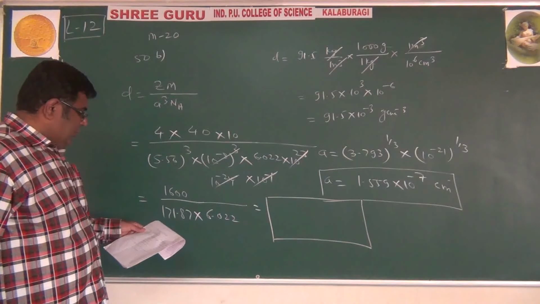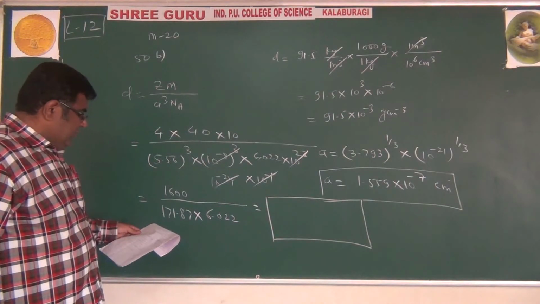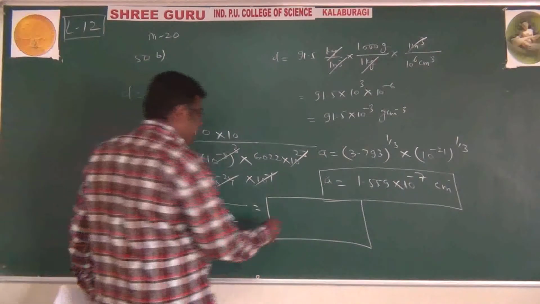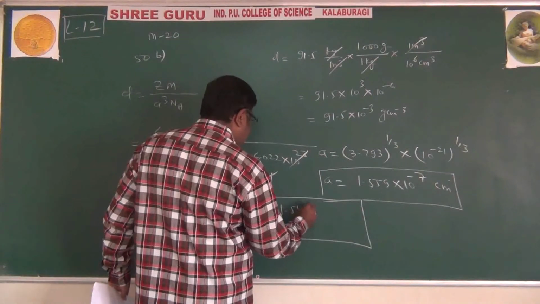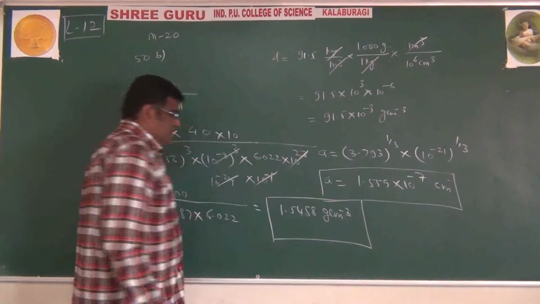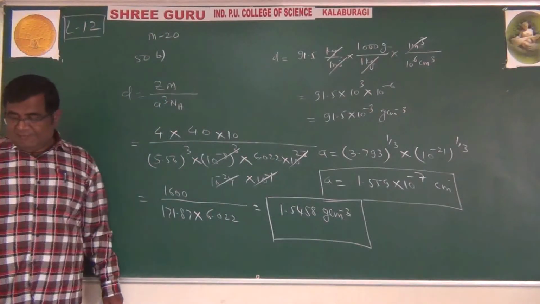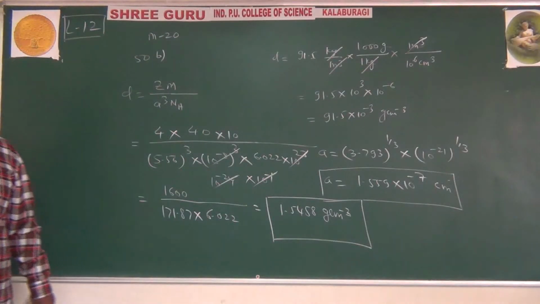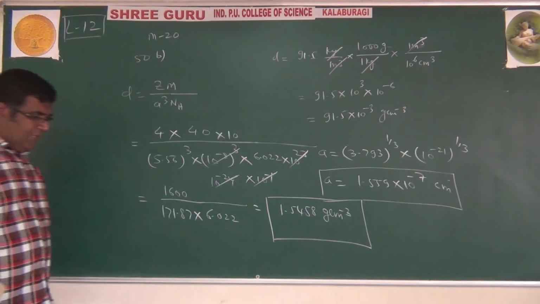The answer is 1.5458 gram per millimeter is the density in this question. So this is the question of March 20.